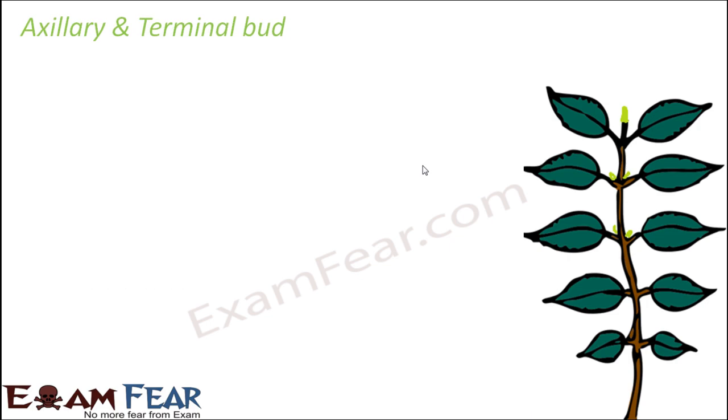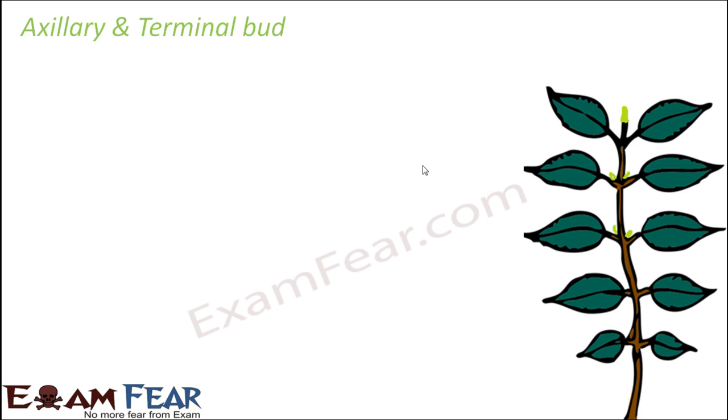Now, before we go into that discussion, we will quickly talk about a small topic, that is axillary and terminal bud. Now, you might be wondering from where this axillary and terminal bud came into the picture. Now, these are the two terms which I will be using very often in the later half of the chapter. So, I want to make this clear right at this moment.